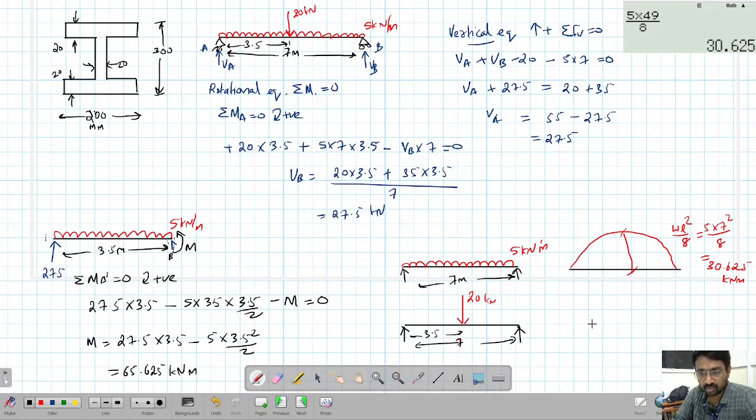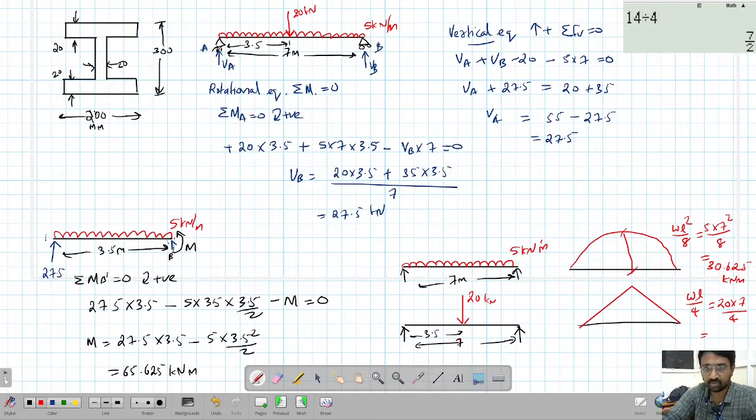For the point load the moment looks like this, maximum again at the center. The center value is WL by 4. So that is 20 into 7 by 4, 140 by 4, so 35 kilonewton meter.